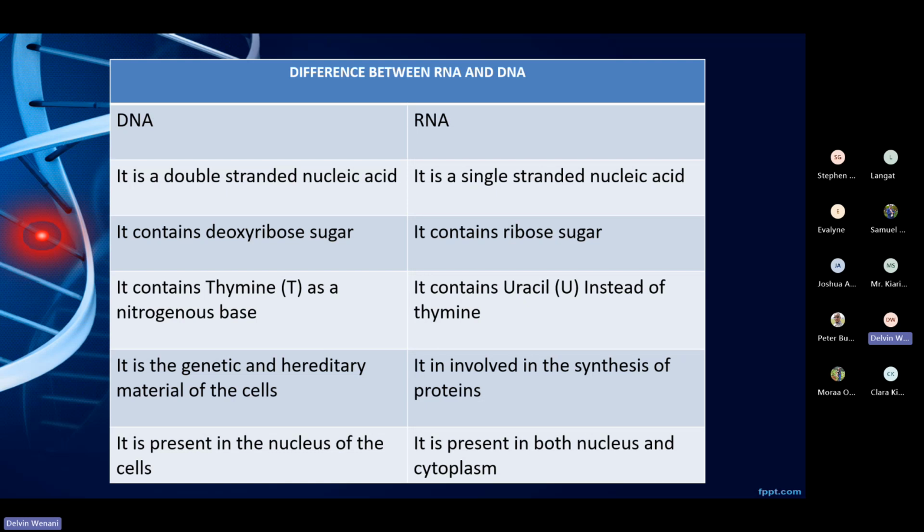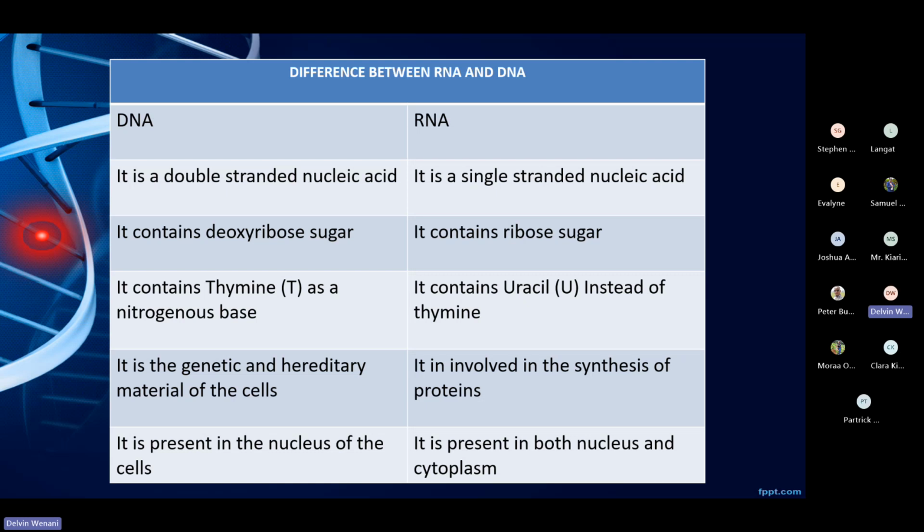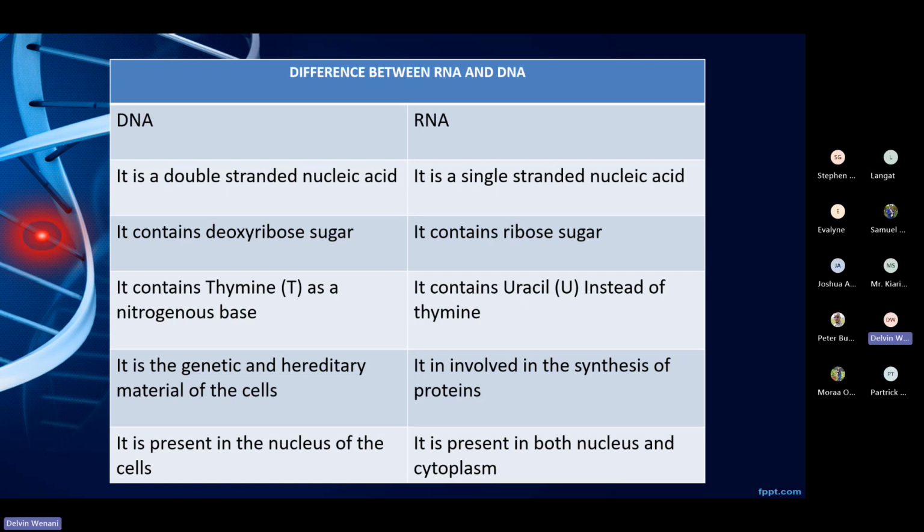So the DNA has deoxyribose sugars, while the RNA has ribose sugars. That's the difference. The DNA has thymine as one of its nitrogenous bases. But when we look at the RNA structure, the thymine has been replaced with uracil.